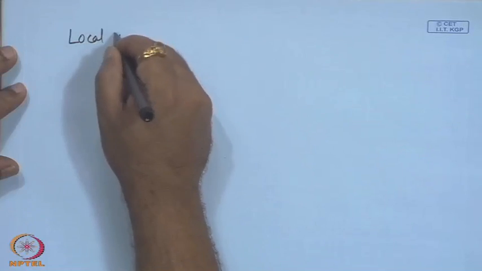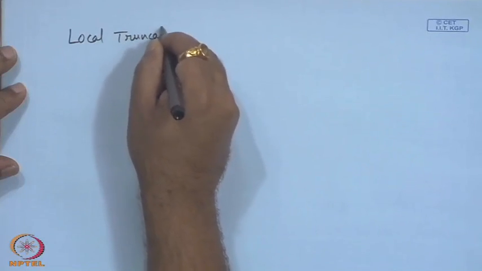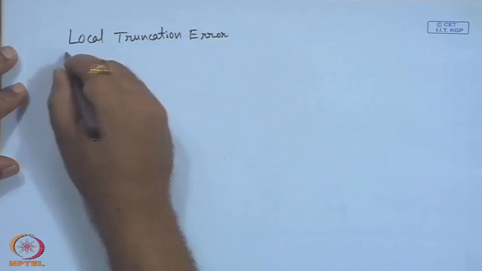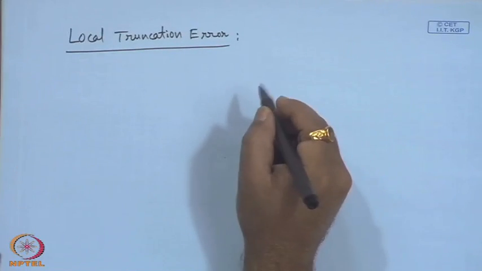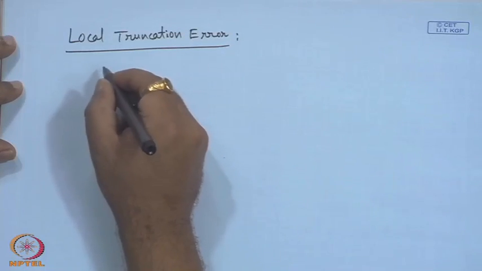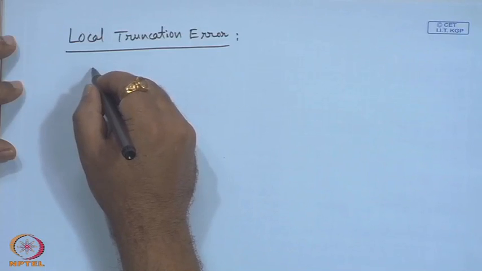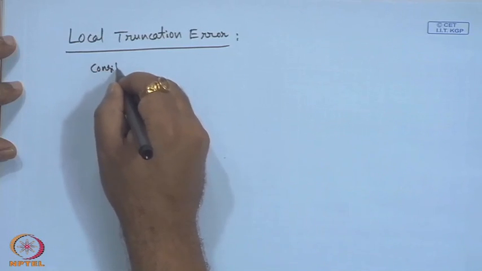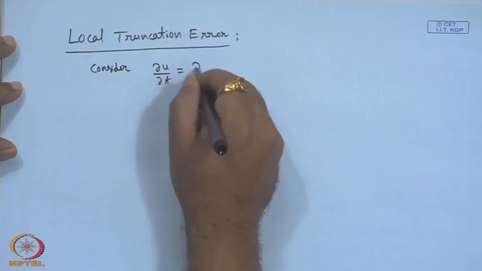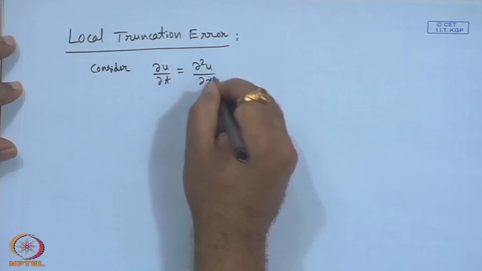Okay. So, let us talk about this. While discussing numerical solutions of ODE, we talked about local truncation error. Okay. So, now again the equation we consider is still the same.